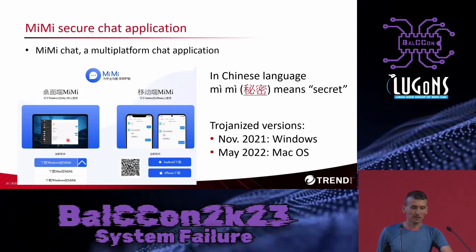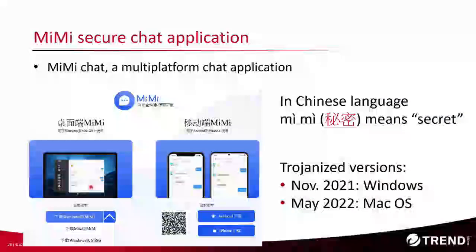So for the MimiChat secure chat application, the name Mimi comes from the Chinese language, where Mimi means secret. So it's some kind of secret chat application, and their website at the time when we did the research looks like this. On the left side, you can see that they offer 2 versions: a macOS version and a Windows version, and both of these versions have been Trojanized for some time in the past.